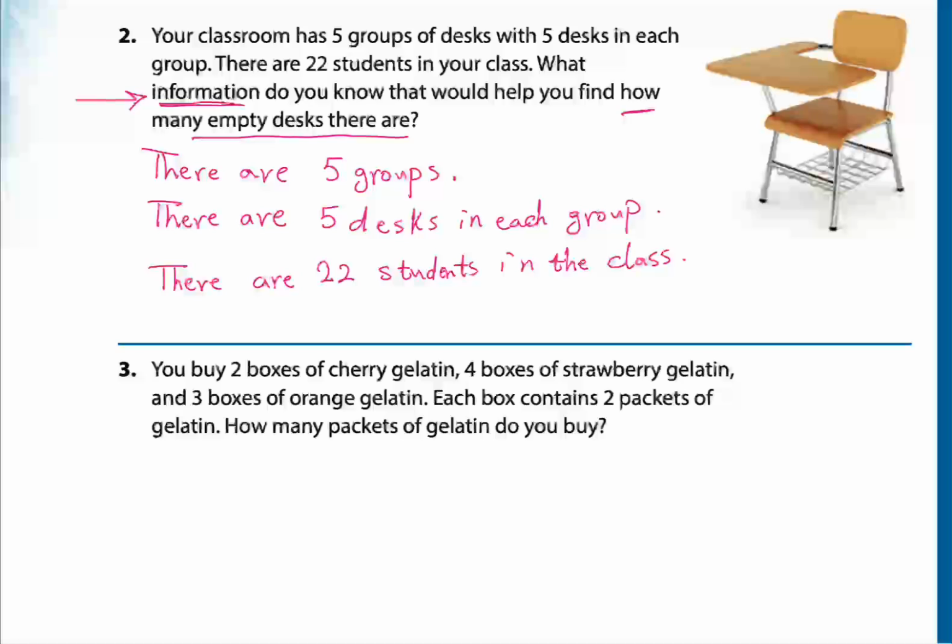You should find how many desks do you have in all in the class. So you multiply 5 by 5. And you have 22 students. So you will subtract the 22 from the product or add it to the product to know how many empty desks.